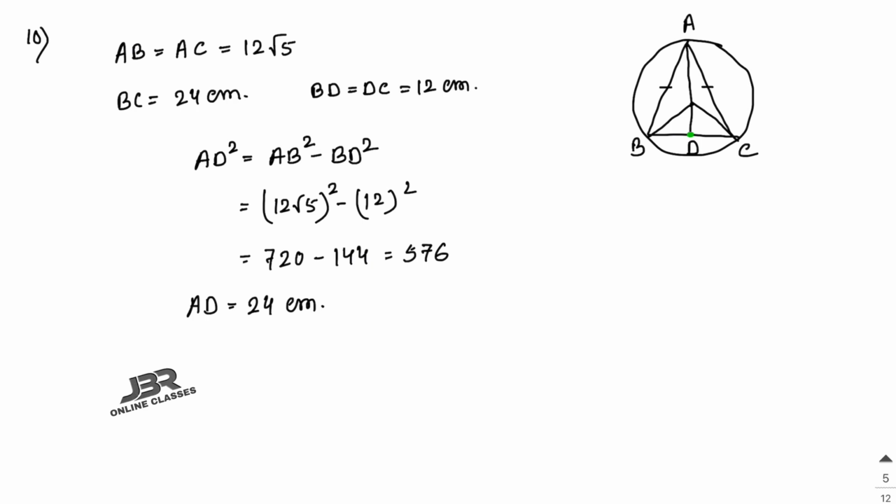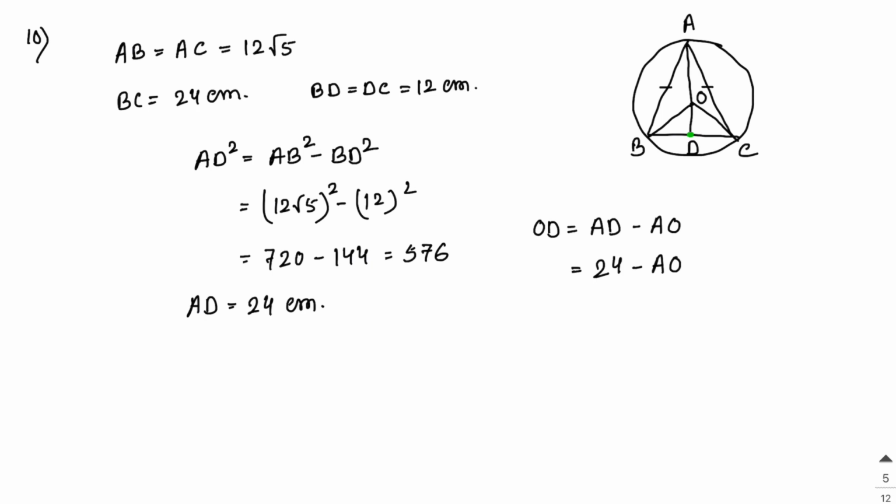Here you have to find out the radius. As AD equals 24, the next thing you have to find out is OD. OD is equal to AD minus AO. As AD equals 24, OD is 24 minus AO.